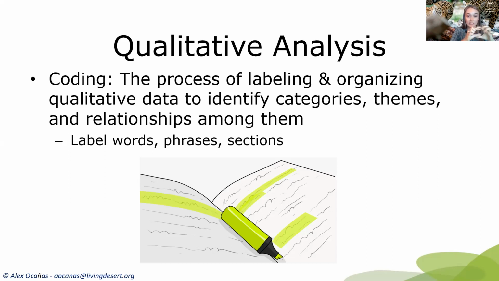So you may have many different codes that fit into one theme. Let's say a theme could be project success. Your different codes are the smaller, broken down parts that fit within that theme.